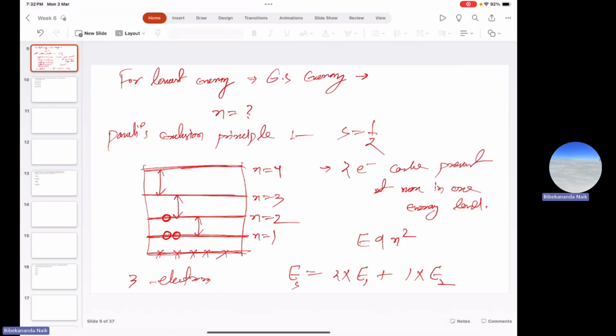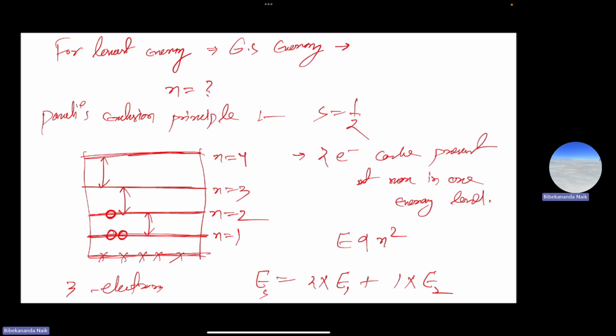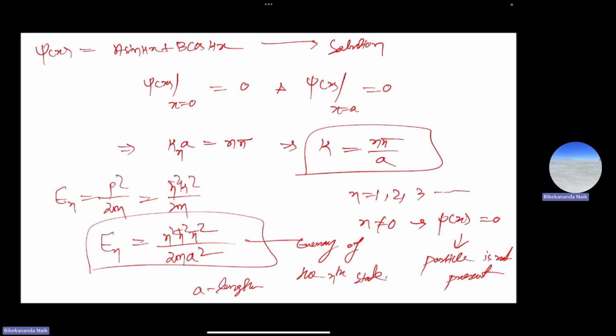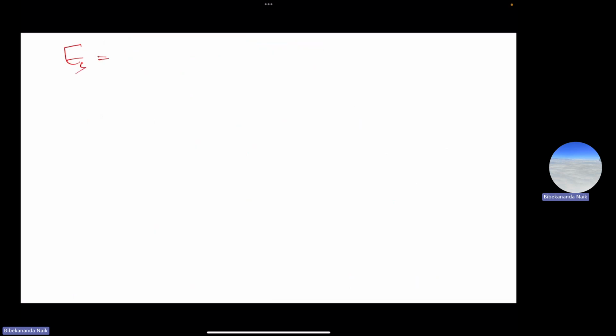So the energy of the system will be, we know the energy value is n square h cross square pi square by 2m a square. So for n equals 1, it will be h square by 8m a square plus h square by 8m a square plus 4h square by 8m a square.